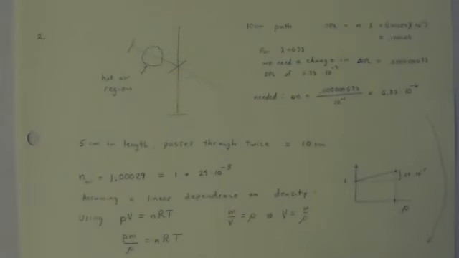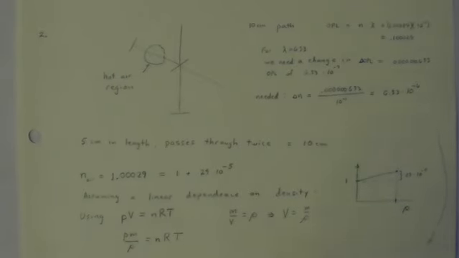So I was using the ideal gas law to try to get my way through this. John, you're showing us the second problem. Actually, I'm not. The numbering is different. Okay.